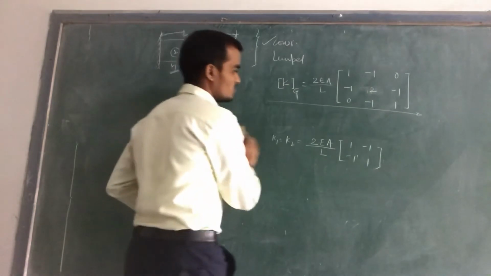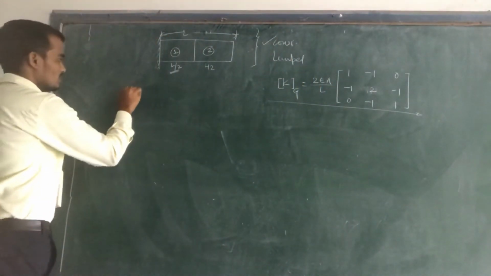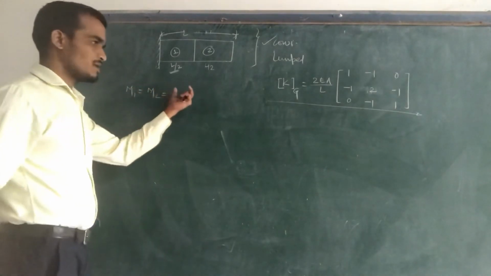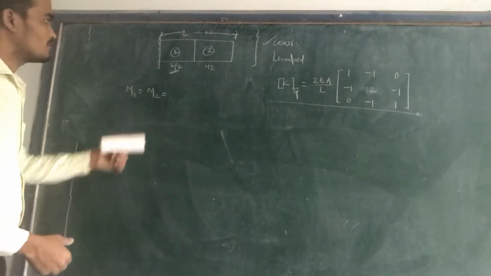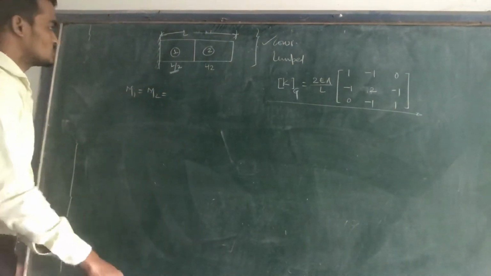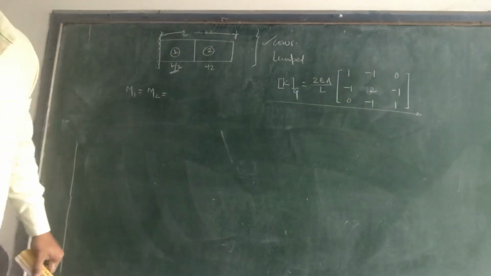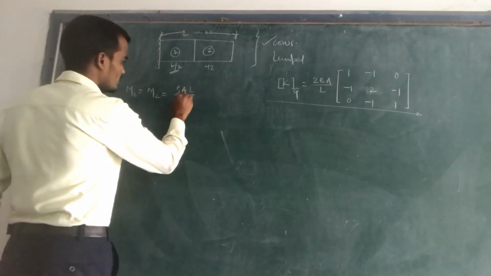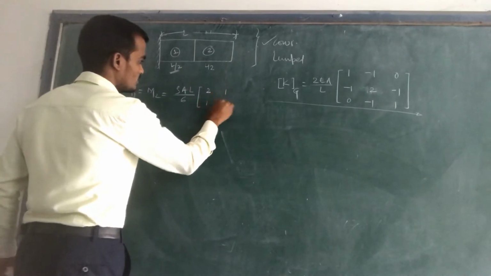Now we need to find the mass matrix for each element. Here m1 is equal to m2, because all the parameters are equal for both elements. The mass matrix is given by rho into A into L divided by 6 in bracket 2 1 1 2.